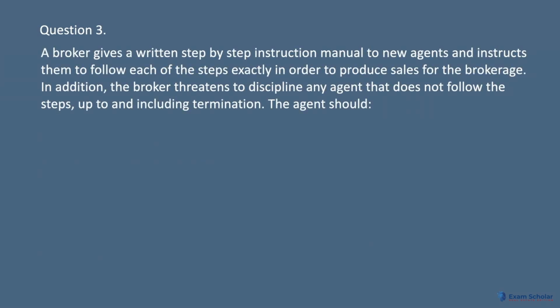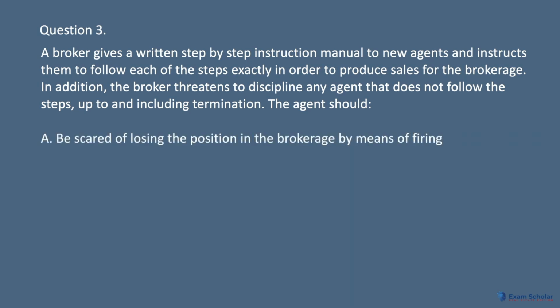Question 3. A broker gives a written step-by-step instruction manual to new agents and instructs them to follow each of the steps exactly in order to produce sales for the brokerage. In addition, the broker threatens to discipline any agent that does not follow the steps, up to and including termination. The agent should A. Be scared of losing the position in the brokerage by means of firing.